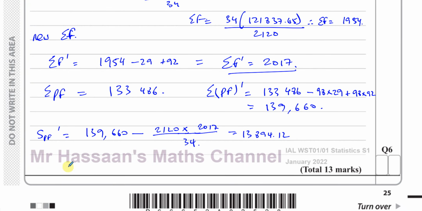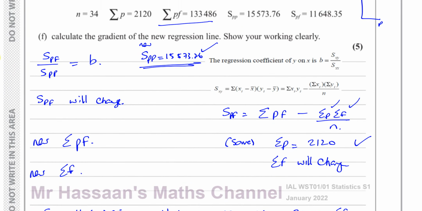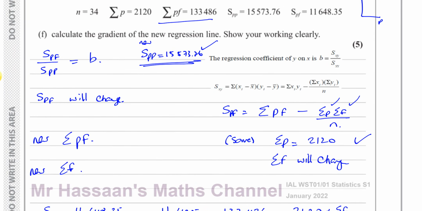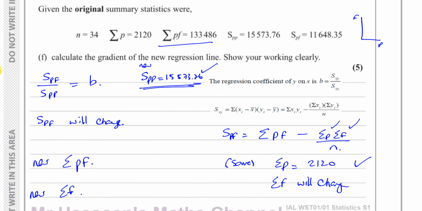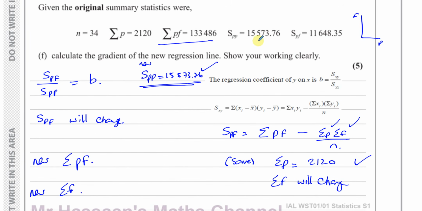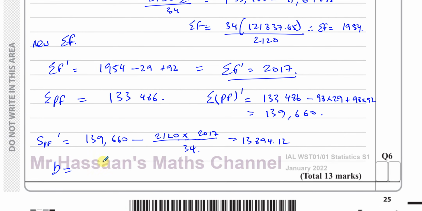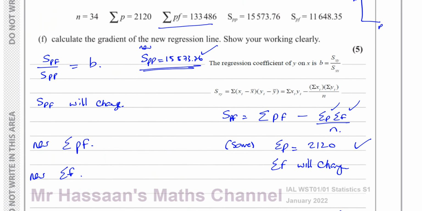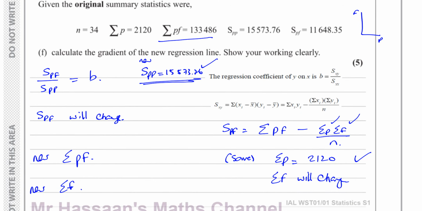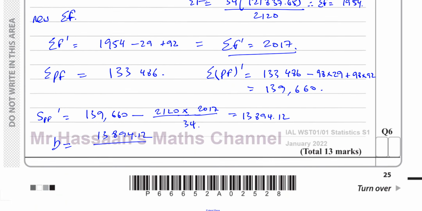So therefore we can say B, our regression line coefficient, is SPF over SPP. SPP is the same, which is this value here. So we're going to have SPF, the new value, which is 13,894.12 divided by SPP, which is 15,573.76.